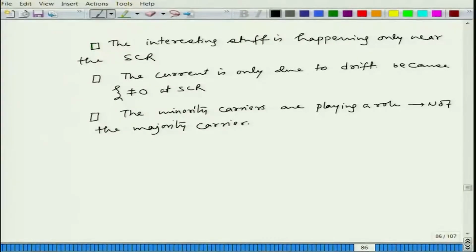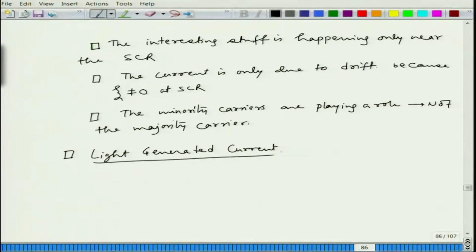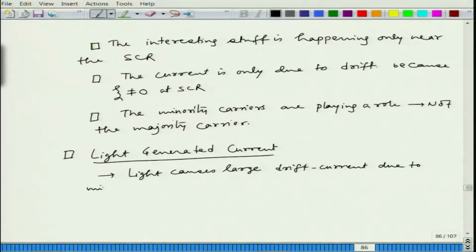So, the net effect: if we try to find the light generated current, that means when you illuminate, what would be the effect in terms of current. This light causes a large drift current, just as we have seen right now, drift current due to minority carriers.